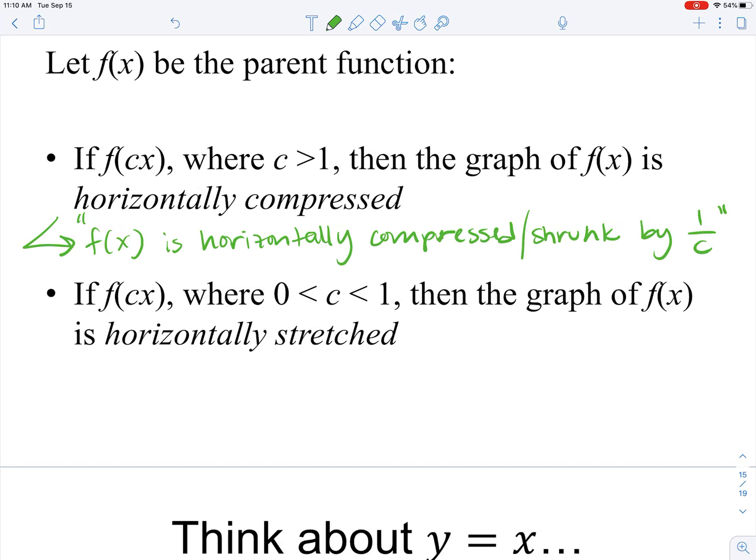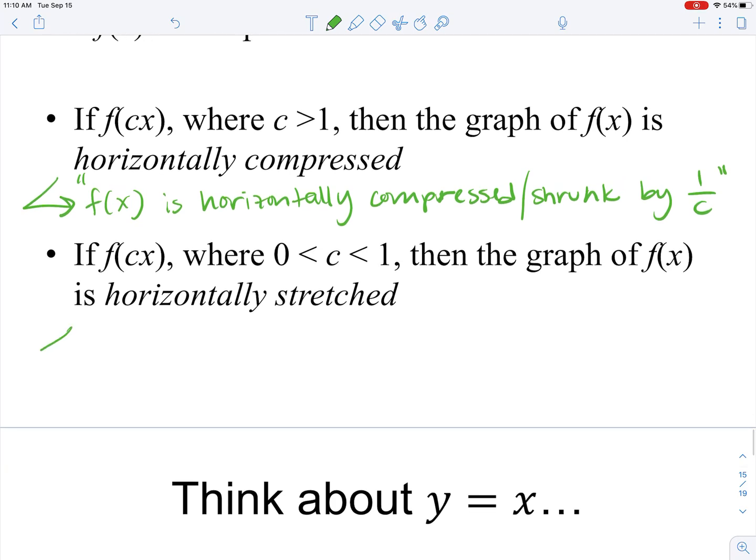And that describes what you have to do to x. Remember, anything horizontal is happening to x, whereas anything vertical is happening to y. So we're describing what we actually end up having to multiply x by, and that is the reciprocal of c.